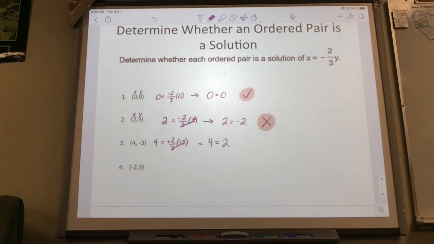So that first one is no, and that should be an arrow. Okay, last one, negative 2 equals negative 2 over 3 multiplied by a 3. The 3's cancel, so negative 2 equals negative 2. That is a yes. So there are our answers.